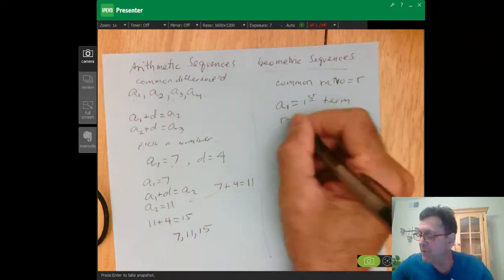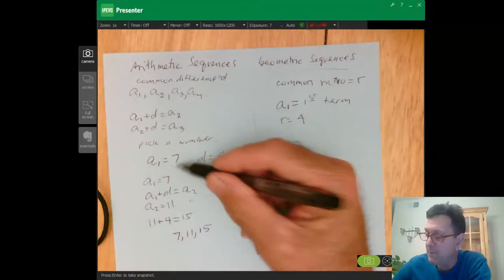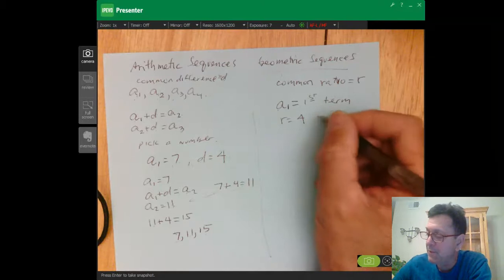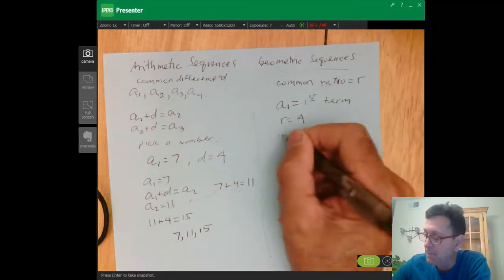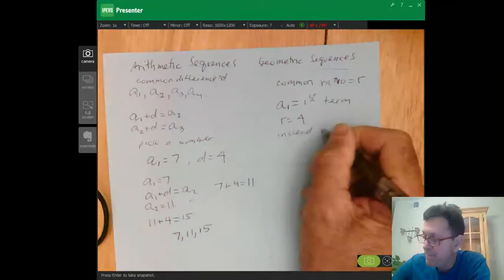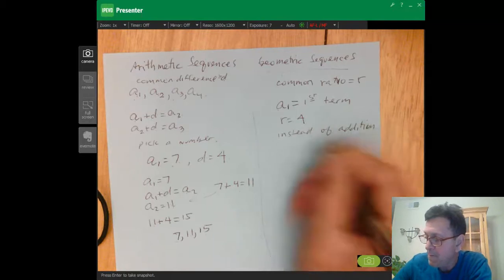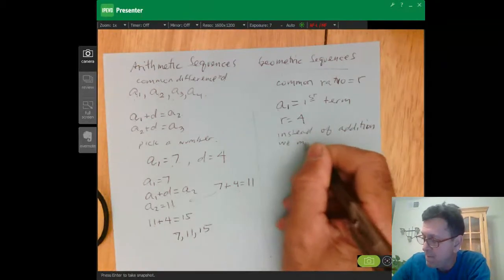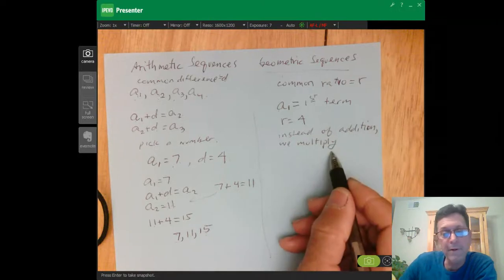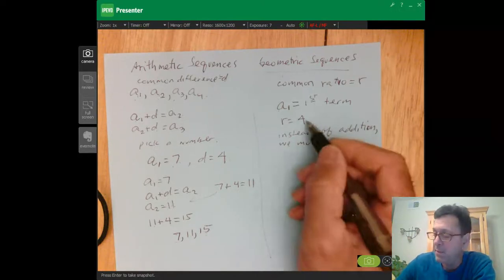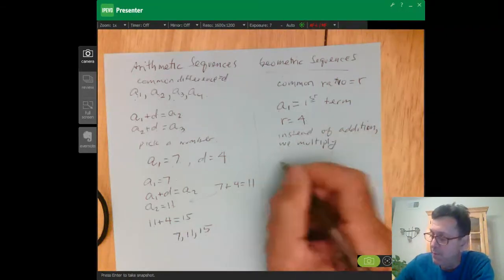And then if R is equal to 4, we could use the same thing we did over here. Now in this case, instead of adding, we multiply. So instead of addition, we multiply by this value. So here we added by 4. Here we're going to multiply by 4.